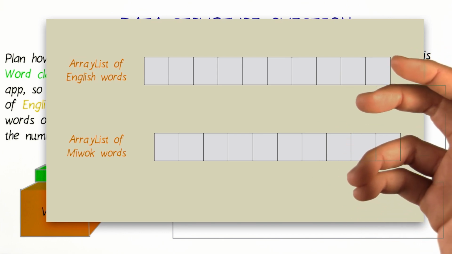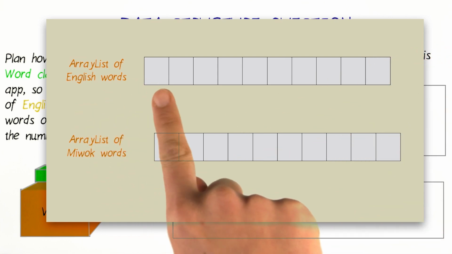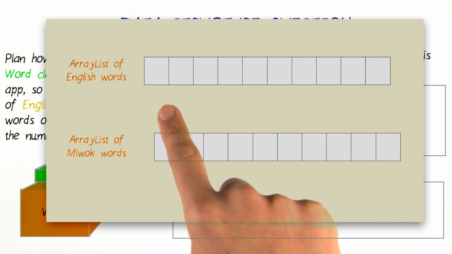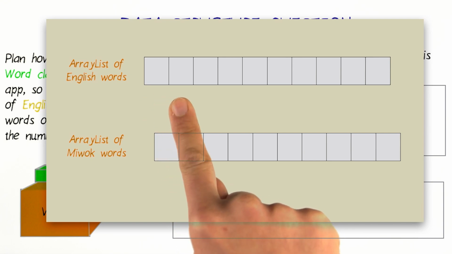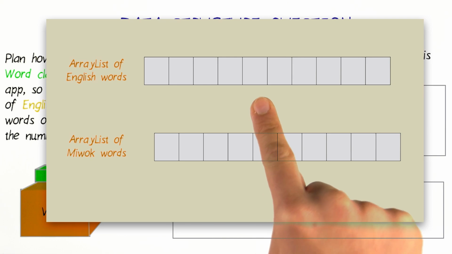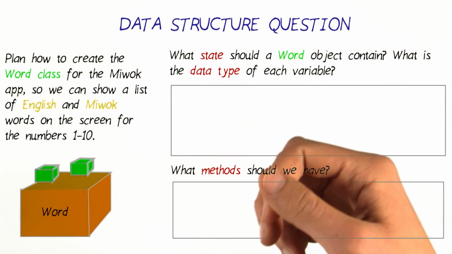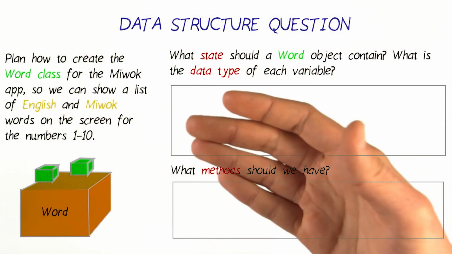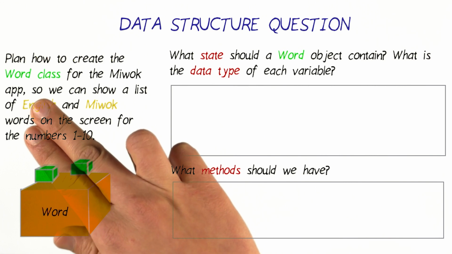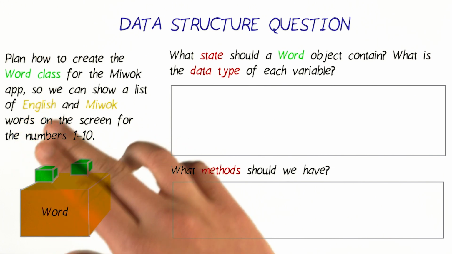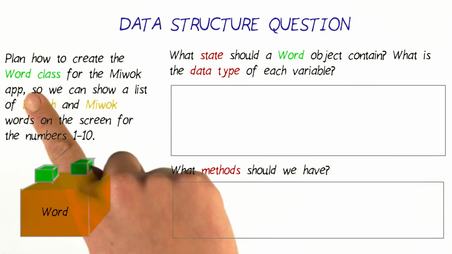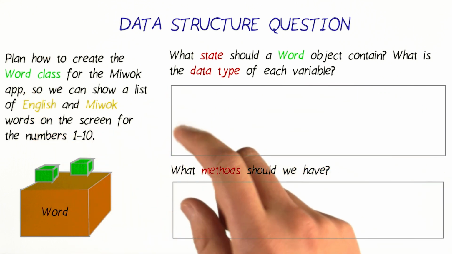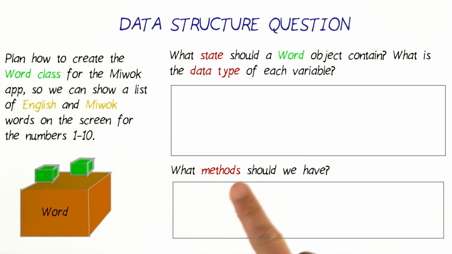For example, putting the list of English words in an array or array list was an example of picking a data structure to organize the information better in a sequential list. Now we're going to take it one step further and create our own data structure for words, because the built-in solutions for Java just aren't sufficient for our needs. We're going to give you a hint that you should create a word class, but we're going to leave it up to you to determine what state and methods it should contain.